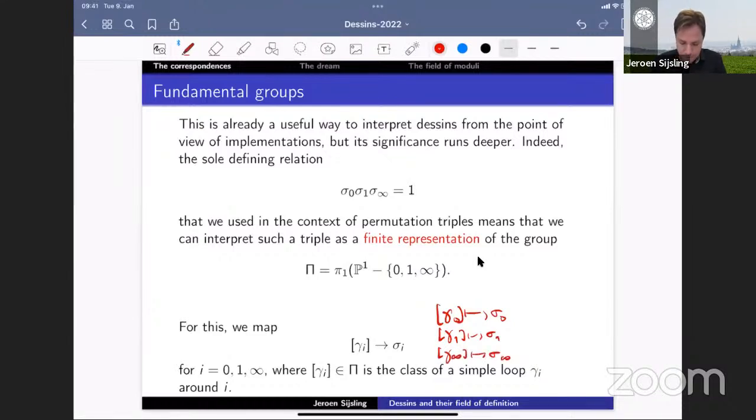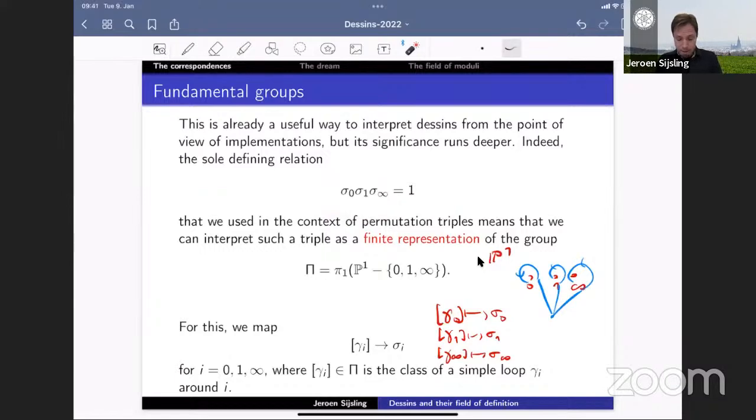And the reason is that you have these 3 distinguished loops in your P1, and you can see them as 0, 1, and infinity. And the loops look like this from a given base point. You go like this, you rotate counterclockwise, and you go back. And if you concatenate these 3 loops, you in fact get a trivial loop, because you can go all the way around these 3 points and contract it.